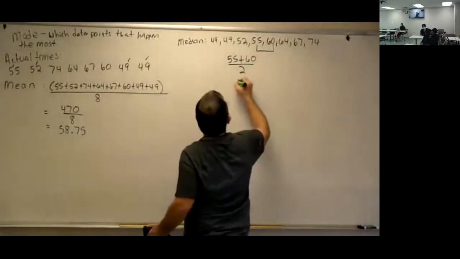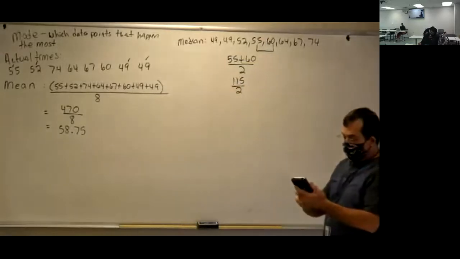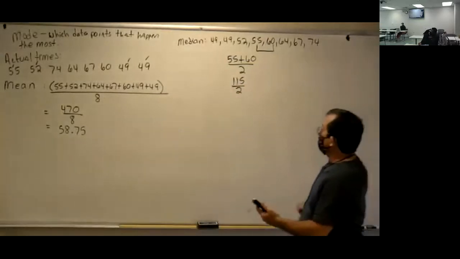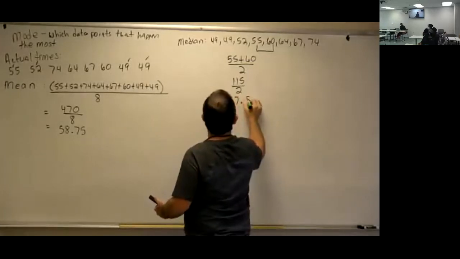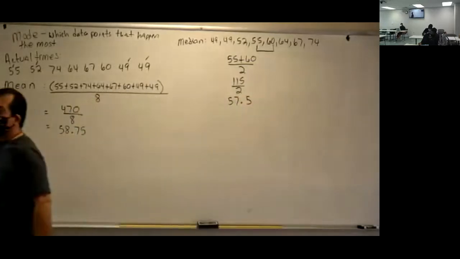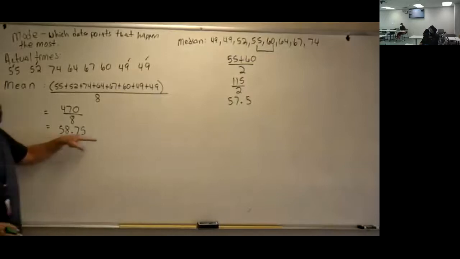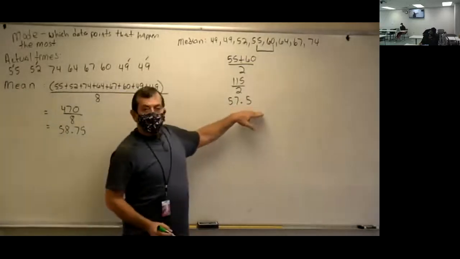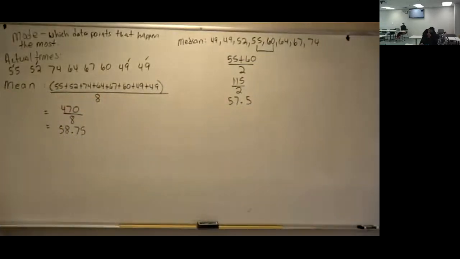So that'll give me 115 divided by 2, which gives me 57.5. So notice the mean gave me an average of 58.75. The median gave me an average of 57.5.